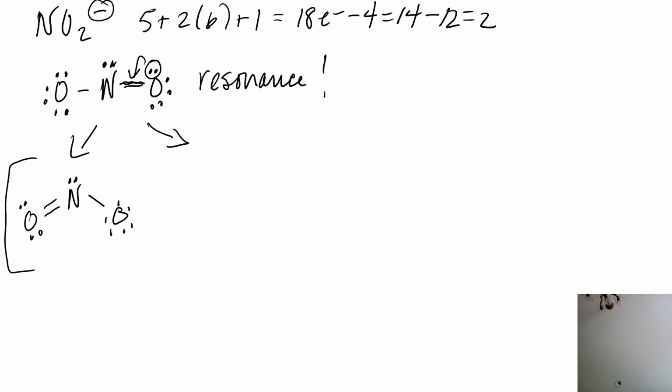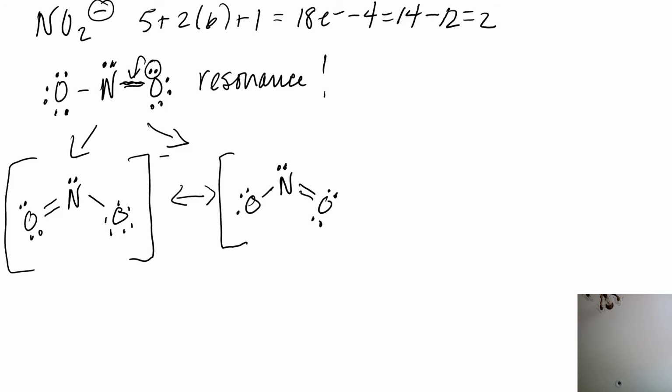And then, of course, we need brackets around that ion. The other structure, the double bond, is between the nitrogen and the other oxygen. So 2 resonance structures for this polyatomic ion.